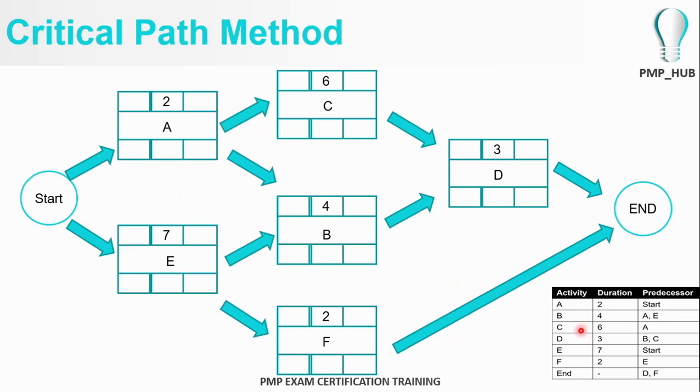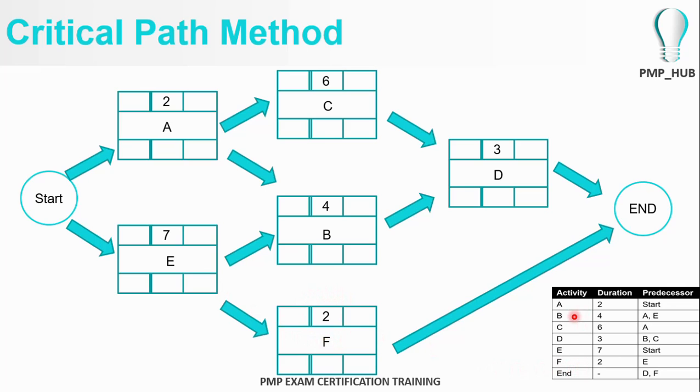Activity C follows A directly, with a duration of 6 days. Activity B follows A and E for 4 days. Activity F follows E for 2 days.